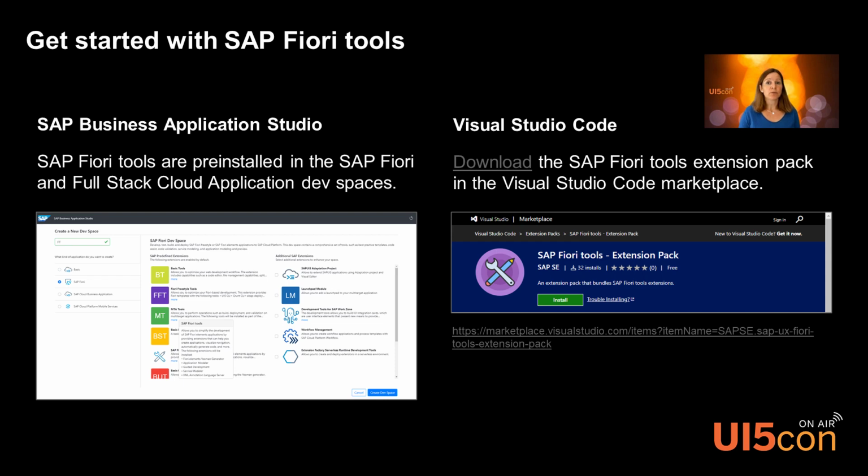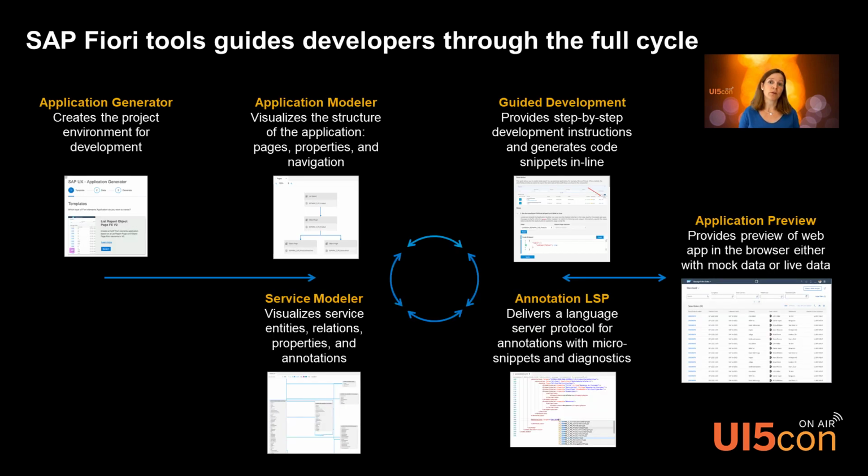SAP Fiori tools aims to guide you through the full app development cycle and will showcase all of these modules except for guided development, as you've already seen this in the keynote. Quick round robin. The application generator creates the project in a standardized way and using a wizard style approach. The application modeler visualizes the structure of the app and it allows you to configure it without coding.